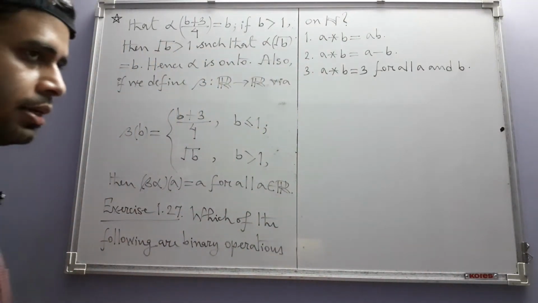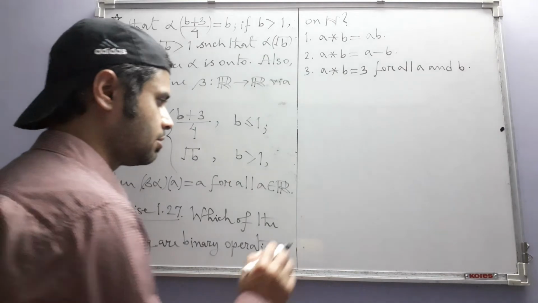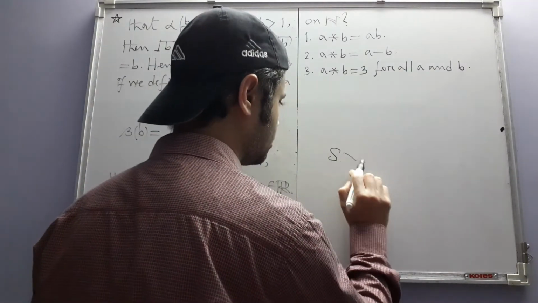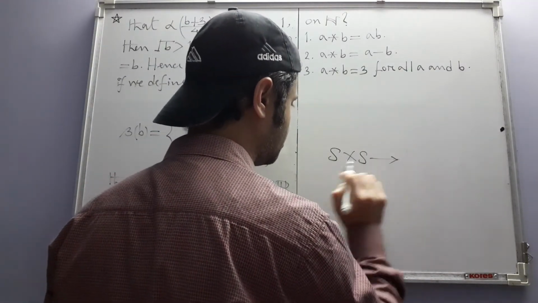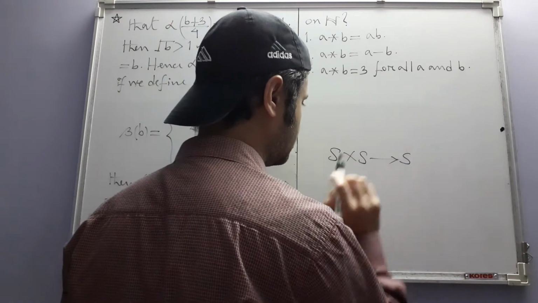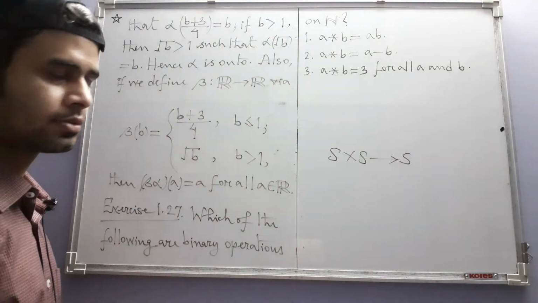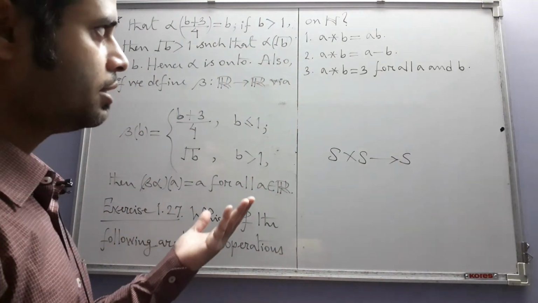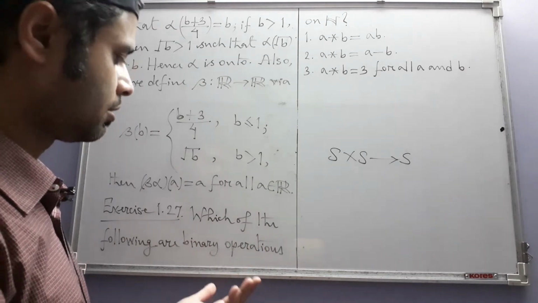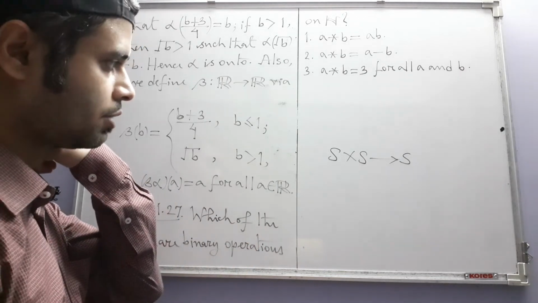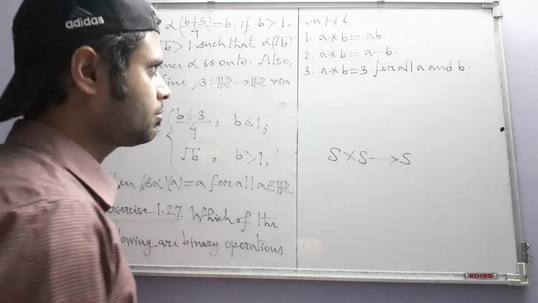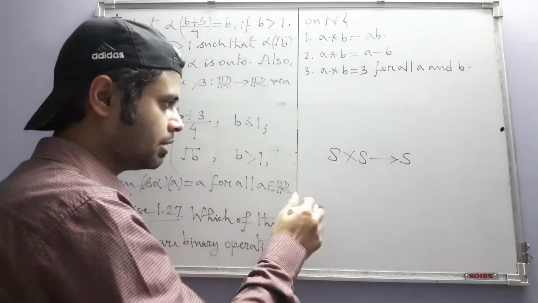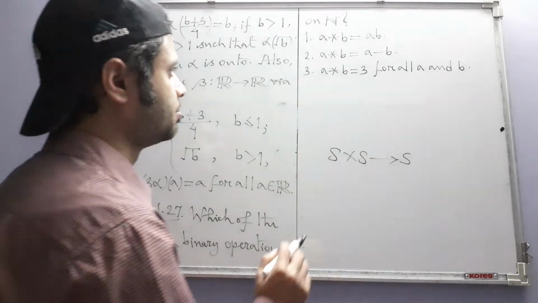So a binary operation on a set S is nothing but a function with domain S cross S and codomain S. So in these formulas for the corresponding function, you just have to see whether that thing is true.